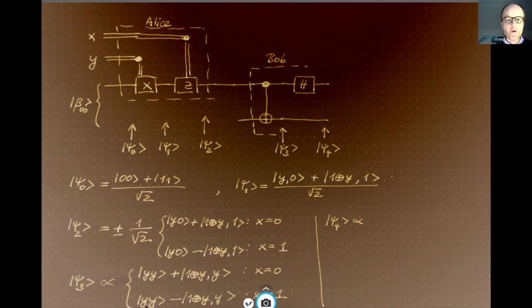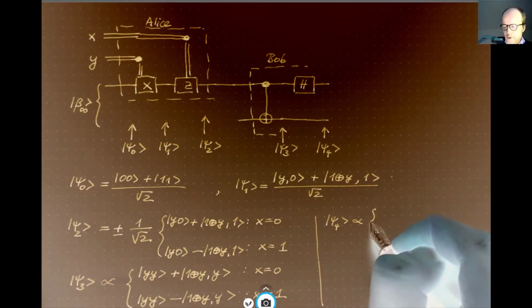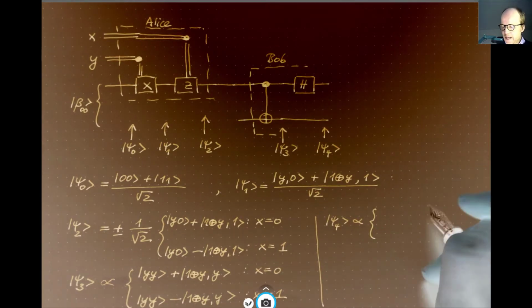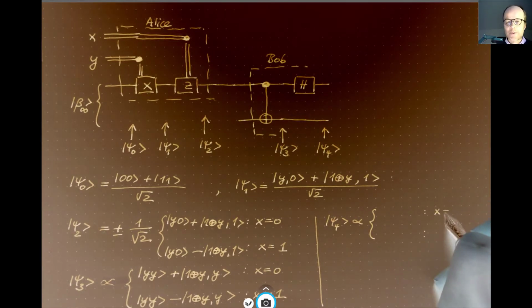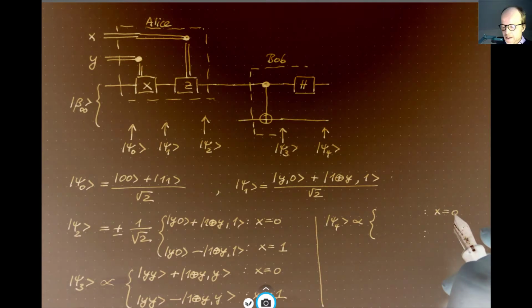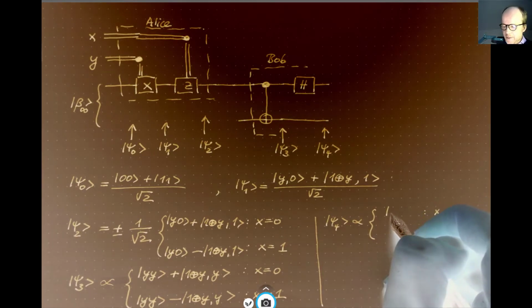Depending on the value of y, it's either 0 plus 1 or 1 plus 0, doesn't really matter. So the first qubit is in the plus state, as we defined it. And when you apply the Hadamard gate to a plus state, this becomes the basis state 0. So psi4, in this first case where x was equal to 0, is 0y.